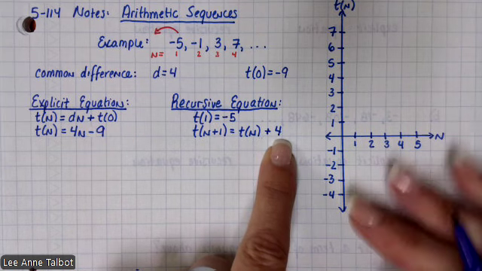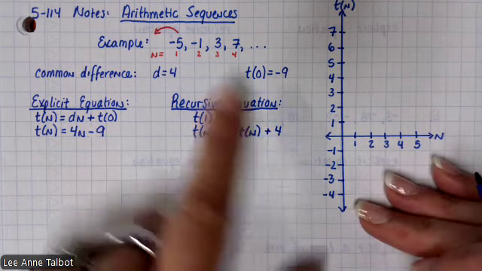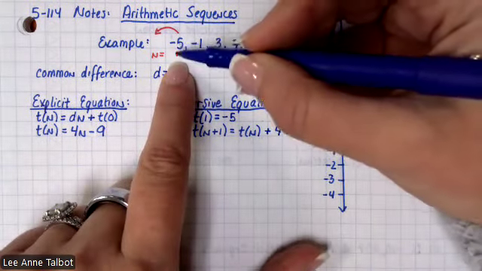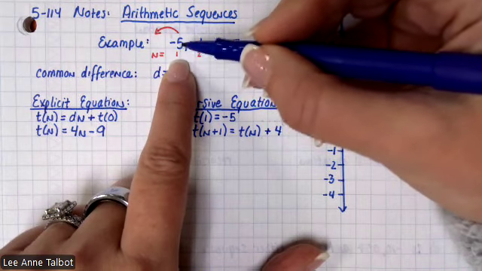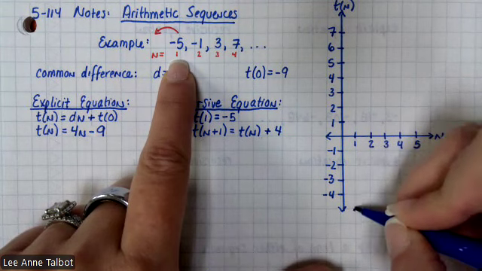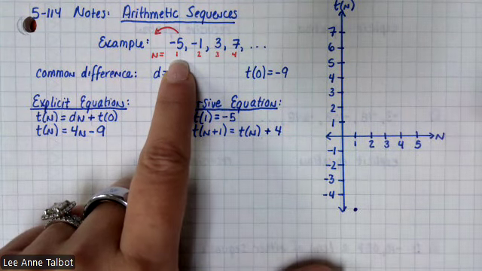Okay, next thing I want to do is come over here and graph these. So this -5 is term 1, which means the coordinate is 1, -5.